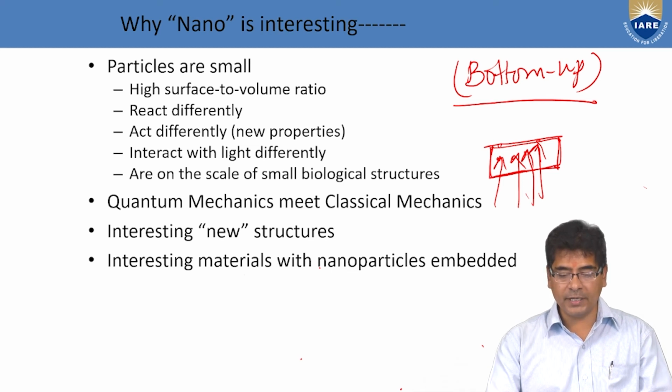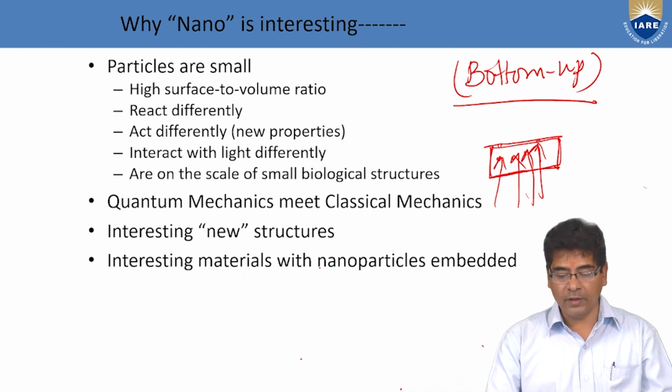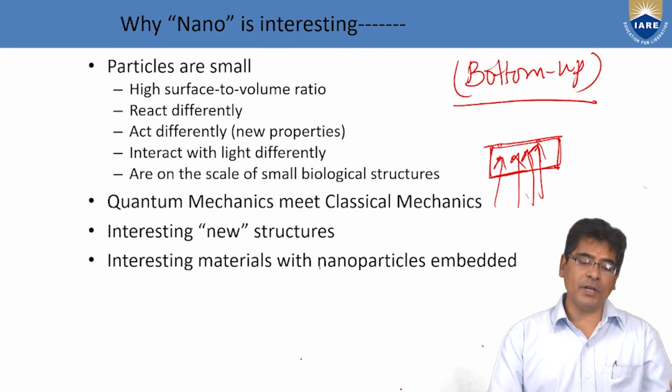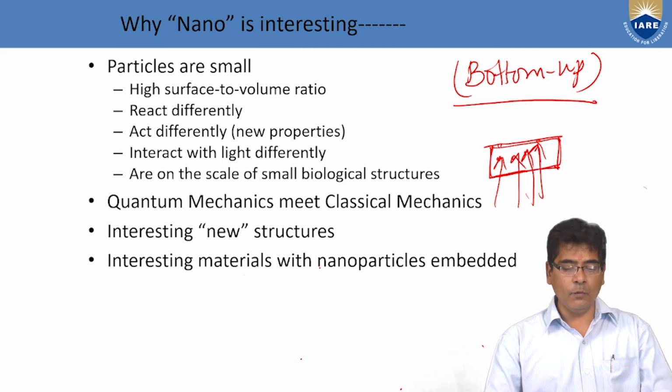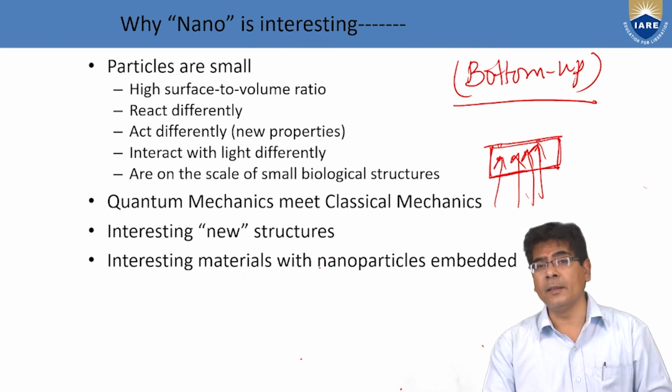Vapor deposition techniques can be classified, as I've told you, as physical vapor deposition techniques and chemical vapor deposition techniques. Physical vapor deposition involves the conversion of solid material into gaseous material.